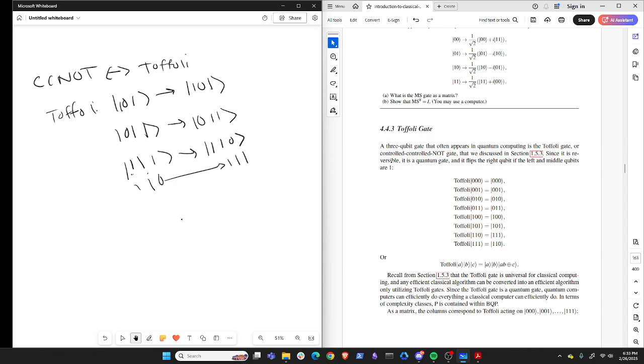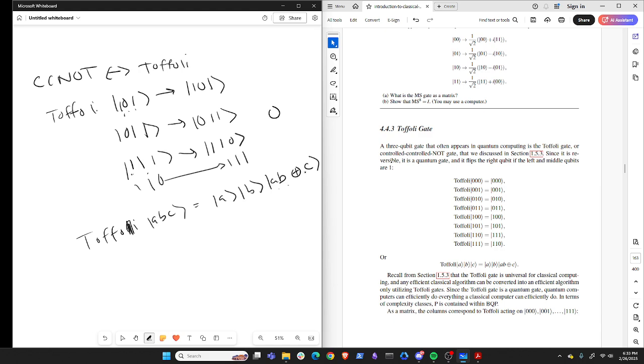So as they show down there, Toffoli of A, B, C is equivalent to A, B, and then the AND of A and B XOR C. So we had 1, 0, 1, and 1 AND 0 is 0.